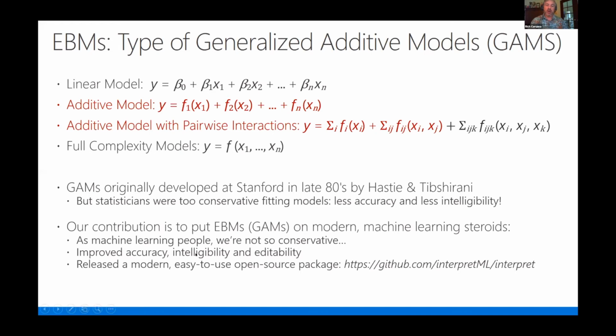So by making these models a little richer, we're going to get higher intelligibility out of them. And interestingly, we're also going to get editability out of the models, the ability to edit the models and fix repairs. And we've released an open source package about 2 years ago called Interpret ML that makes these models very easy to train. It also, by the way, includes things like LIME and SHAP.